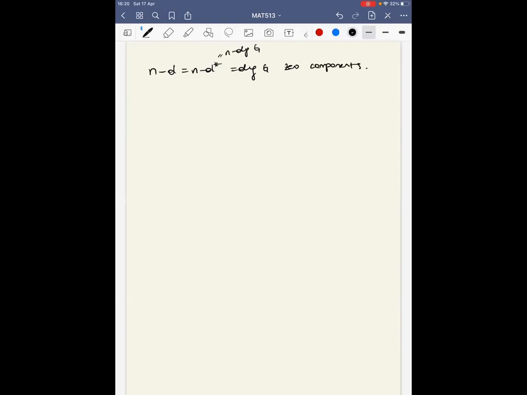And let me denote these zero components by i_j's. So let me say this function has zeros at places P_ij, j from 1 to degree G. And regarding these distinct rational places, let me set a divisor D prime as the sum of these rational places.